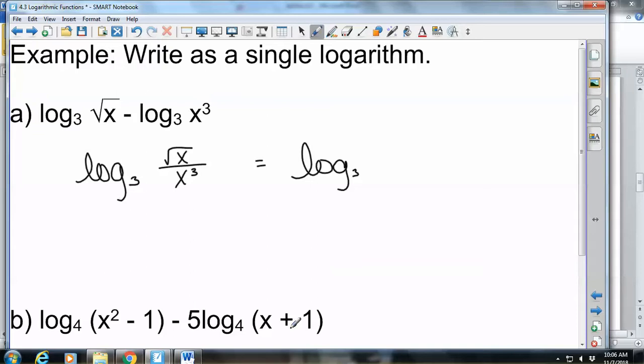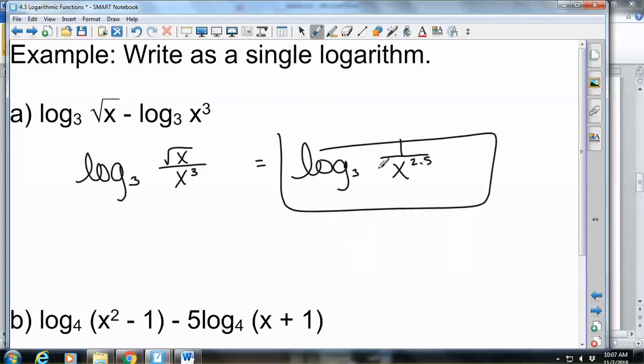Square root is what kind of power? 1/2. So will it end on top or bottom? Okay, so 3 minus 1/2? 2.5. You could put 5/2. You could write this as x to the negative 5/2, however you want. But that would be our final answer.